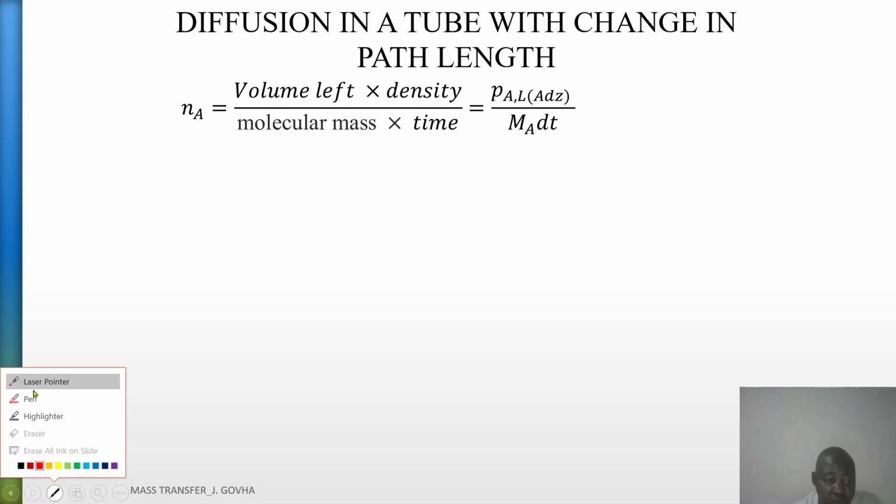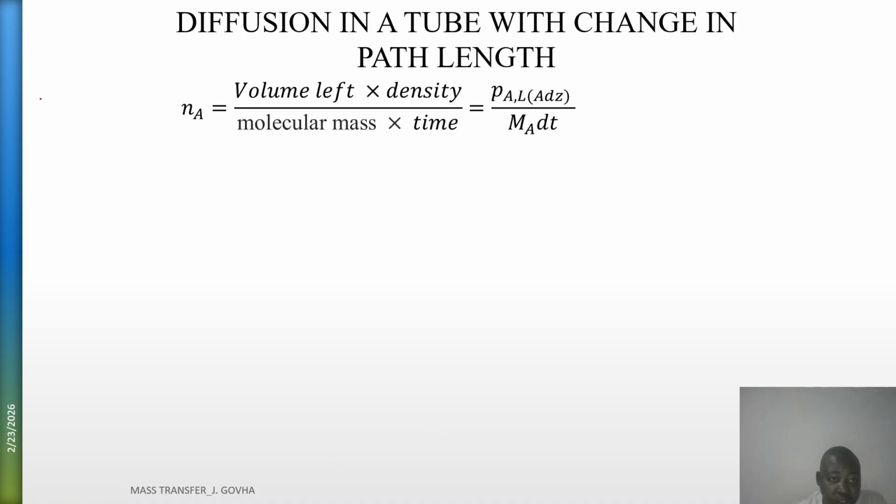As we saw previously, we said that NA is equal to capital NA, which is the molar flux, times the area A. Now I want to look at how we calculate this.